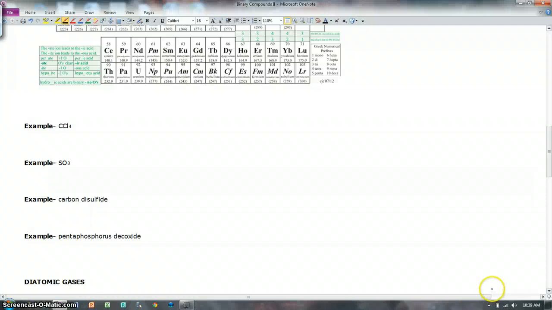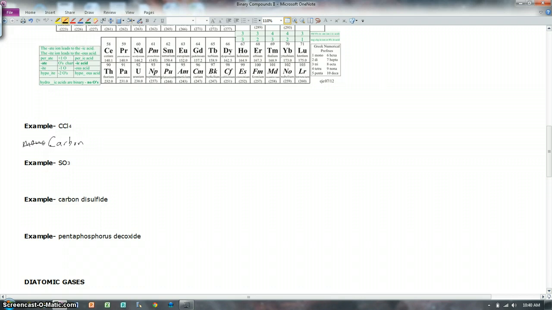Okay, so we'll start with our first example. We're going to go from formula to name. So CCl4: the first element here is carbon, so we'll just write carbon. It's a single atom, so we're going to drop the mono in this case. Normally you would write mono because there's one of them, but we assume if the first element doesn't have a prefix in front, it's a single.